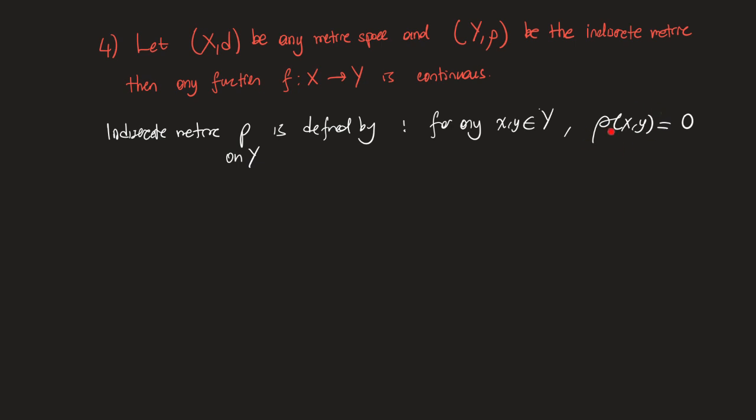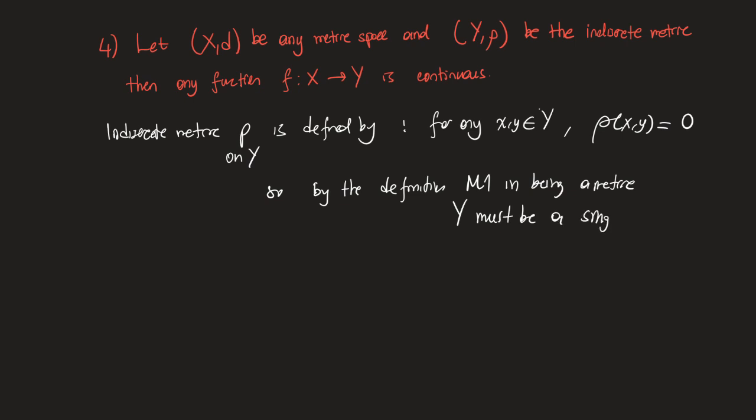So if you define your metric as trivial as this, you only have to have just one point. So by the definition M1 of being a metric, Y must be a singleton. So this is my first observation.